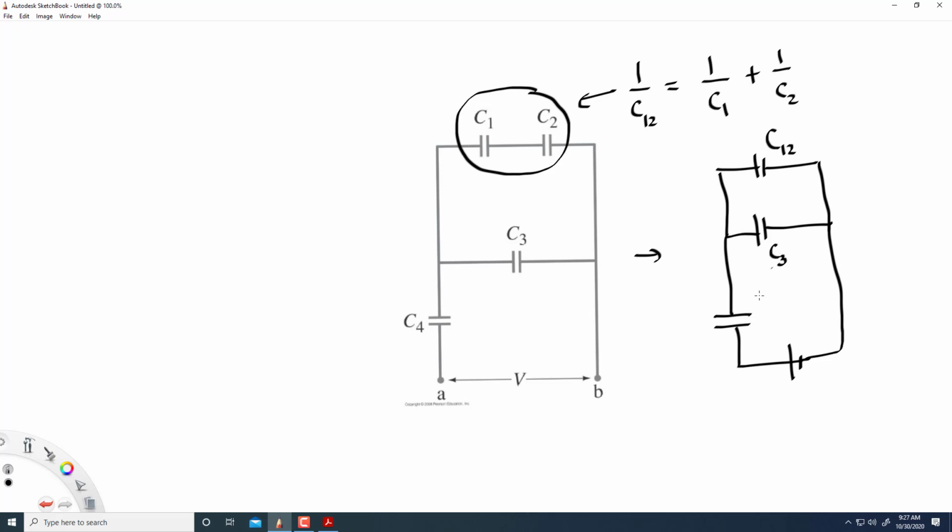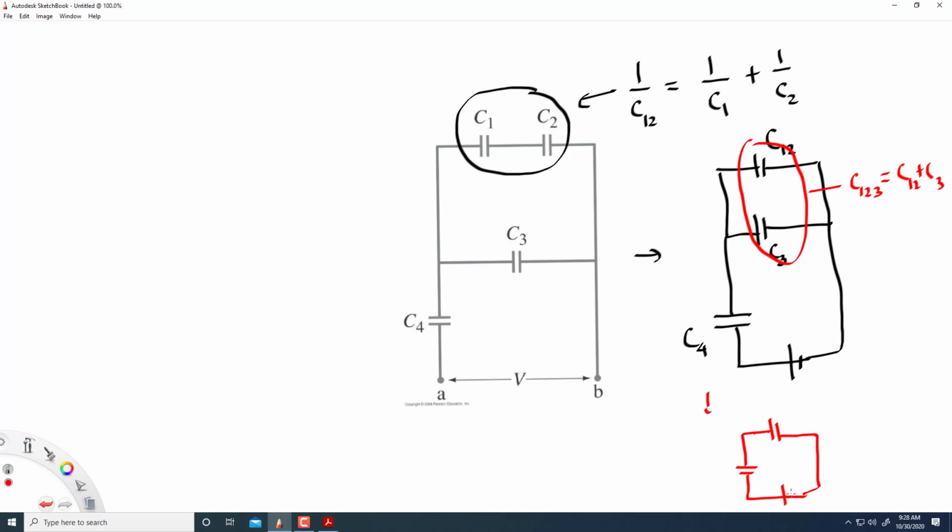This one is C3, this one is C4, okay? And then in the next step, you combine these two. They are in parallel, so you use this formula. C1,2,3 would be C1,2 plus C3, so add the individual capacitors. And by doing that, you get a single capacitor.